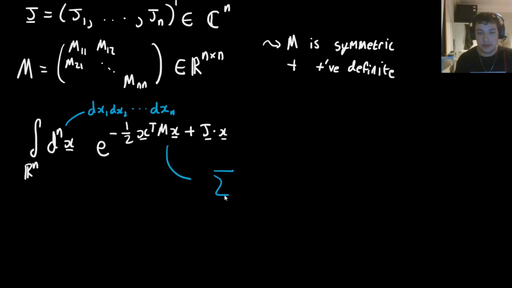So this is a sum from i,j equals 1 to n of xi Mij xj.